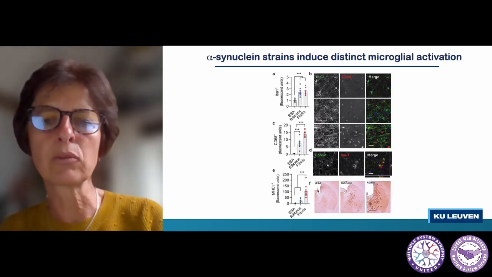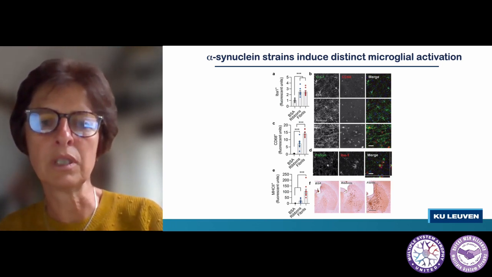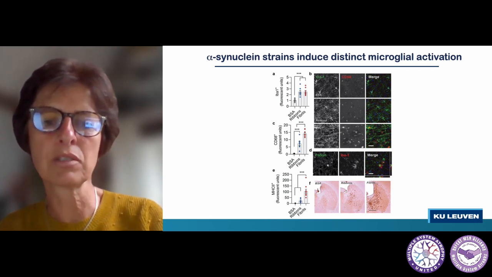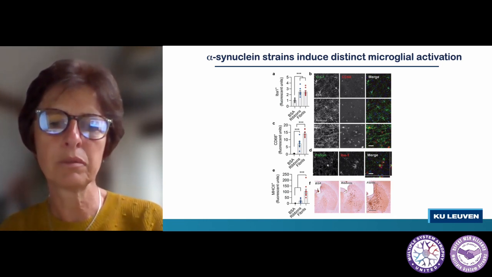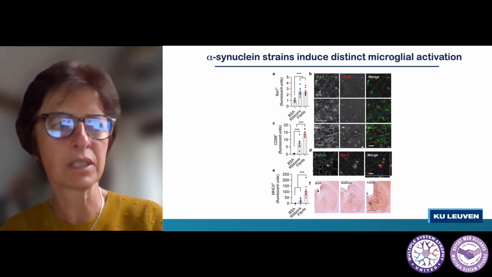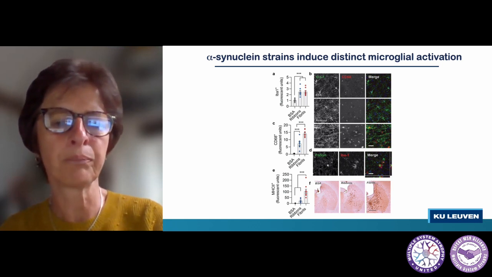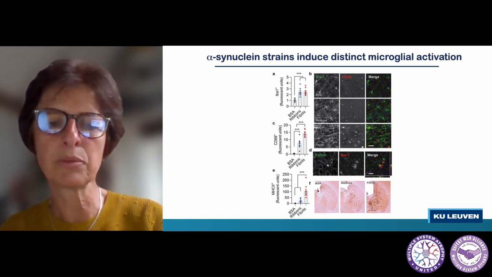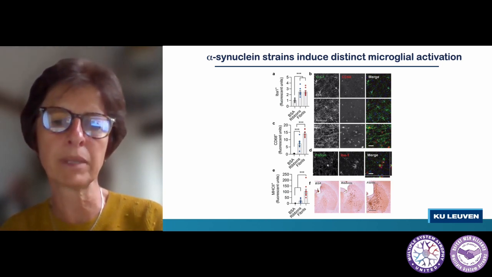Then we also looked at microglia. What we saw is that the ribbons and the fibrils indeed induce a microglial activation, with no difference between the two groups compared to the BSA. But if we look a bit more in detail at the CD68 marker, which is a kind of antigen presentation marker, we see that the ribbons induce more CD68 expression compared to the fibrils and much less in the BSA condition.